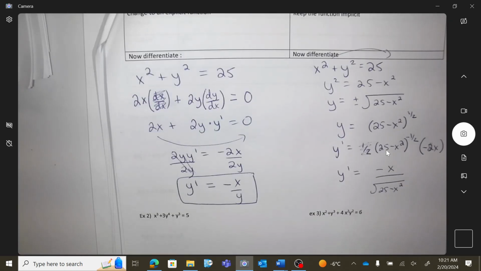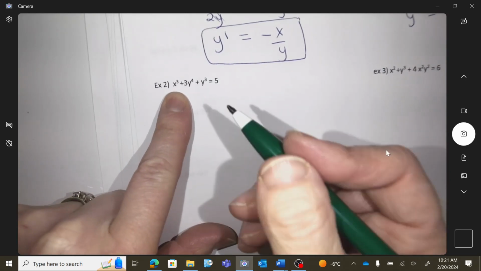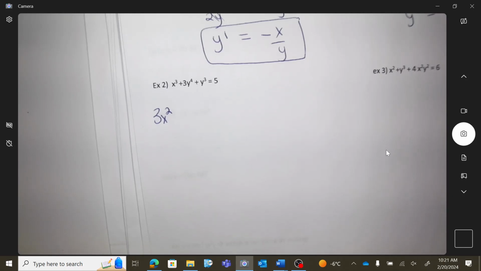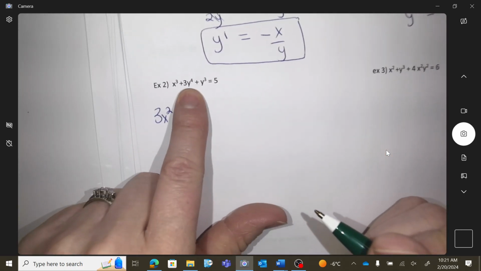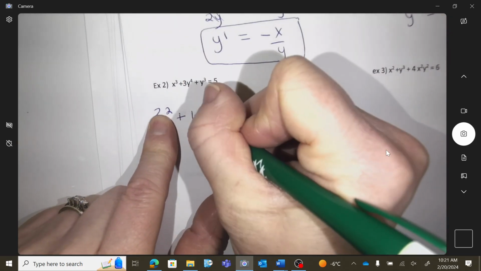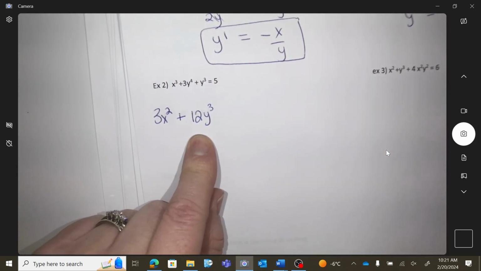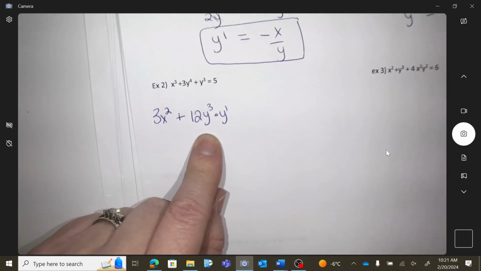Okay, so here's what you're going to really be doing. Here we go, deriving. So we're going to go 3x squared is the derivative of that. Attach the derivative dx over dx, which I'm not going to write. Plus, derive that, 12y cubed, attach the derivative of the variable, and this time I'm going to write y prime.